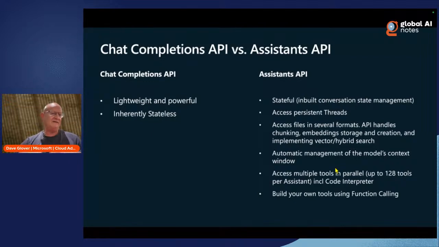So if you're building an application, you need to manage the state within your application and then repost the complete conversation and the conversation history back to the model for the model then to carry on. So from an application level, you're having to worry about state, around context, around making sure that the context doesn't get too large for the model, so the number of tokens in that context will fit within the model context.